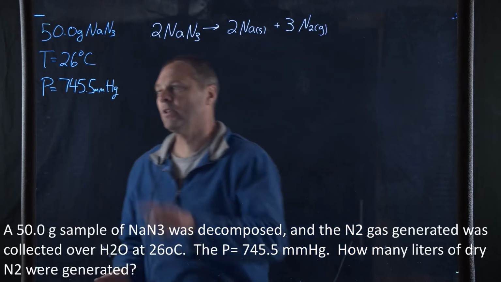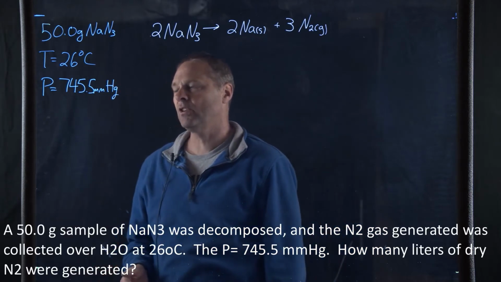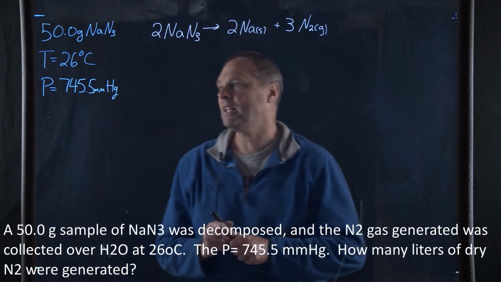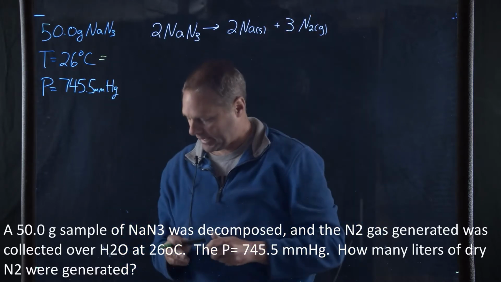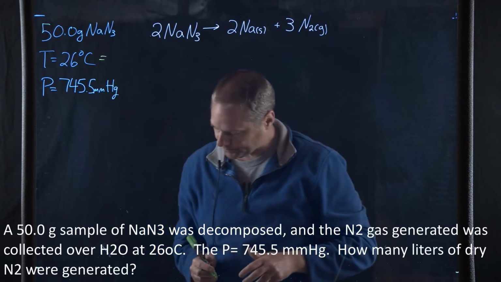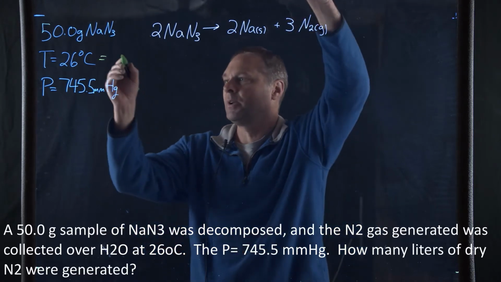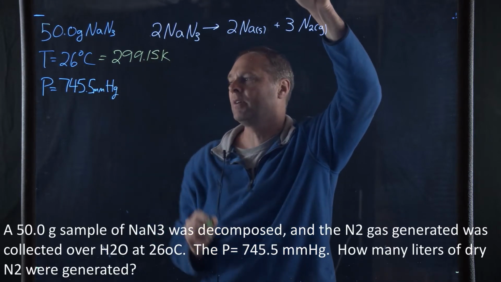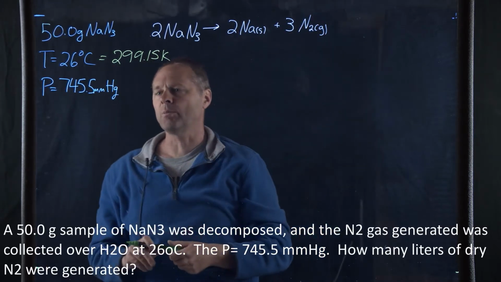So to start out with, we know that the initial temperature is going to be 26 degrees Celsius. We might as well convert that into Kelvin right now. That's going to be equal to 299.15 Kelvin. Now, we're not going to convert the pressure quite yet.